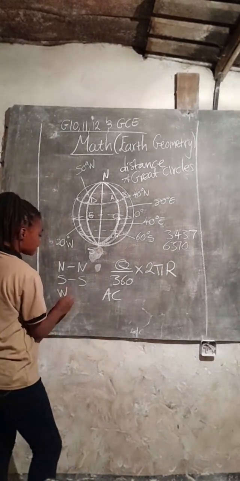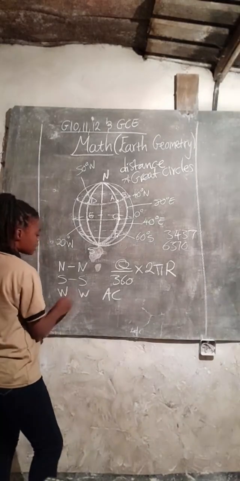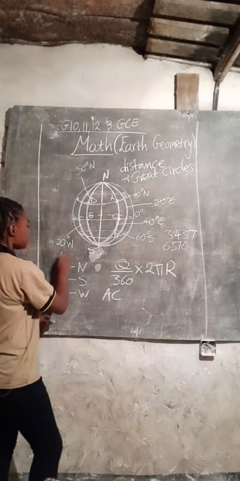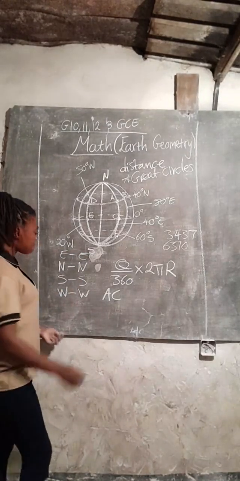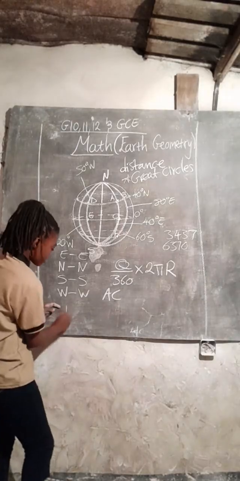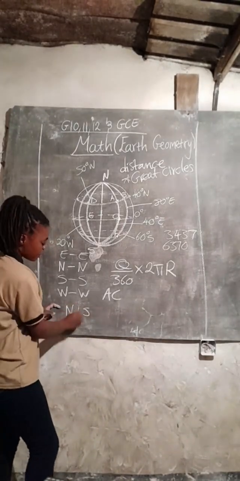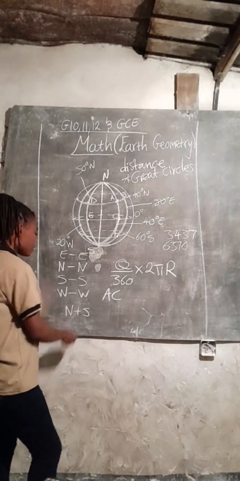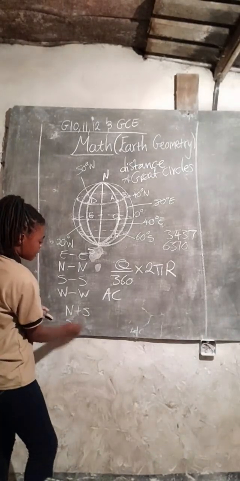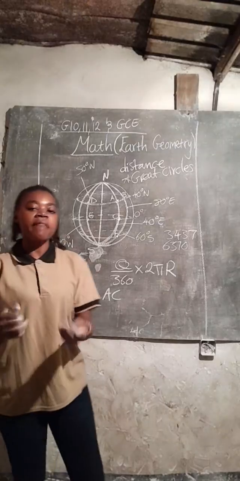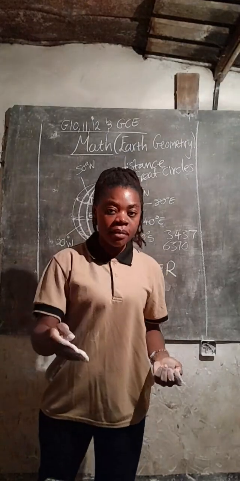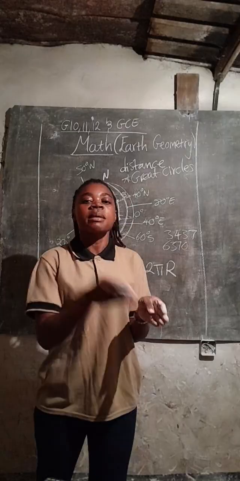West and west, subtract. East and east, subtract. But if we have north and south, we add them. As long as we have different points, we add them, and for the same one, we subtract them.